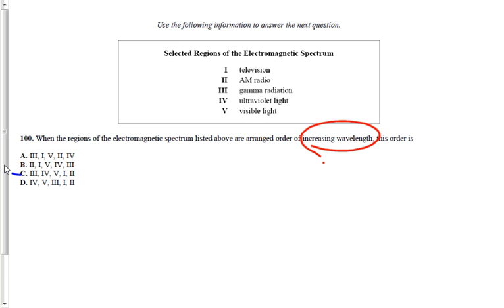My suggestion, whenever we have a question like this, just write down the spectrum as we learned it: radio waves, microwaves, infrared, visible light, ultraviolet, X-rays, and gamma rays. Memorize the order of those 7 in terms of increasing frequency, and then read them backwards: gamma rays, X-rays, ultraviolet, visible light, infrared, microwaves, and radio waves. That's the way we have to do this.